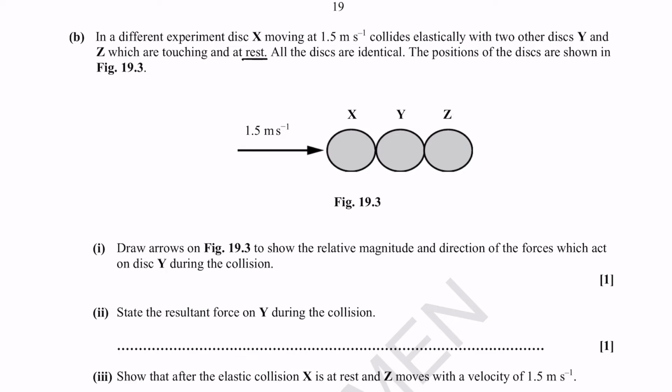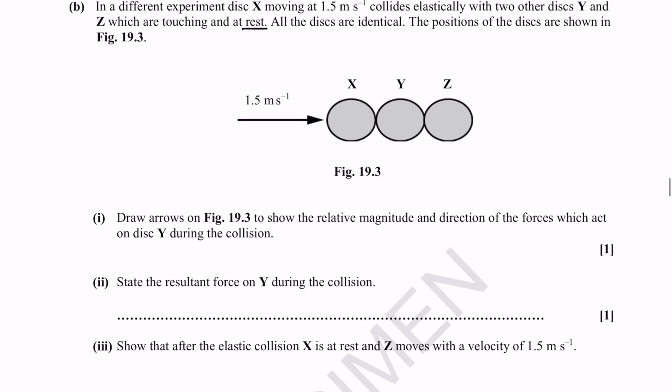The positions of the disks are shown below, and we need to put arrows to show the relative magnitude and the direction of forces which act on disk Y during the collision. Well, that's relatively simple. The forces exerted will be equal on both sides, so they will be equal length arrows, like so.